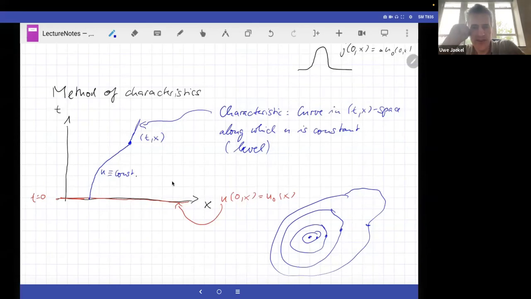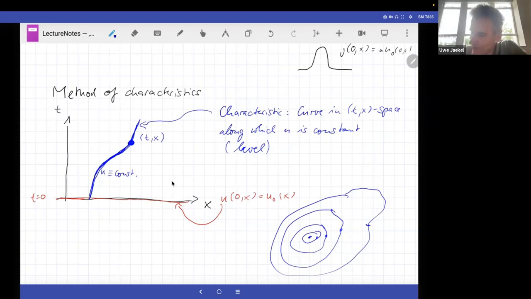When this is constant, it's a very convenient situation, because here we want to know the solution at u of t, x, and all we have to do is follow this curve to the boundary, follow the characteristic to the boundary.